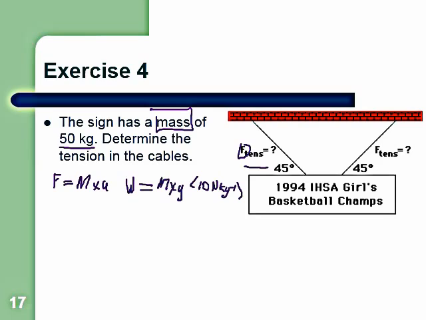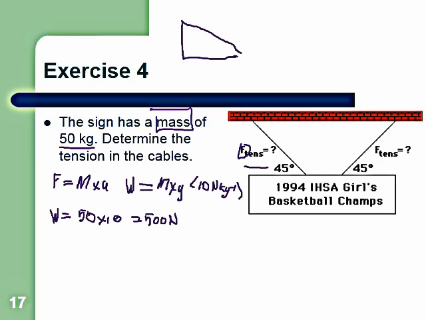Okay, so that means that the vertical component, the weight force, is going to be 50 times 10, which equals 500 newtons. Okay, with this information now we can start working on a triangle.